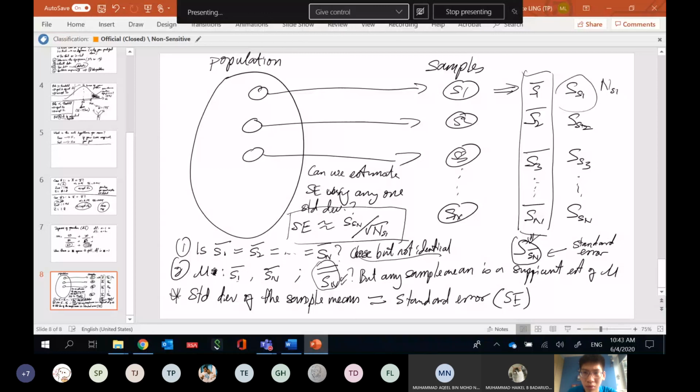That is why in your tests you always use standard error. This will become more and more obvious when we go onto your t-test, the other t-test and your ANOVA. So just keep in mind that there's such a thing as standard error and where theoretically it comes from. That's all I want to explain to you today. We will keep coming back to this and you will keep asking me what standard error is a few more times at least.